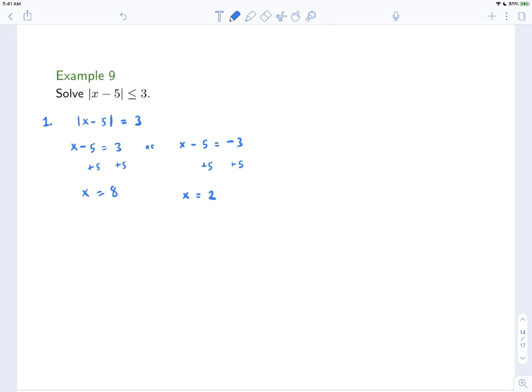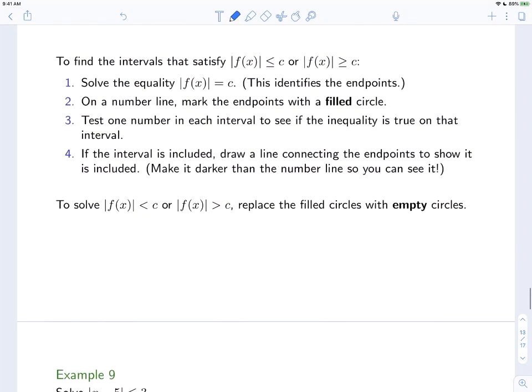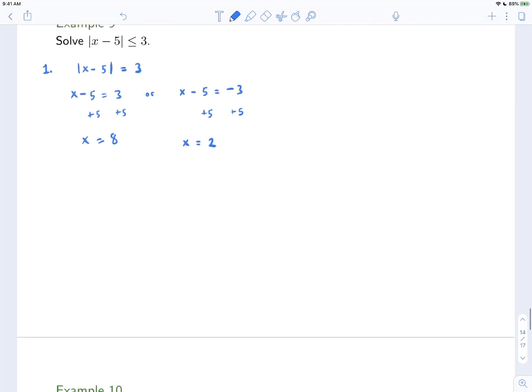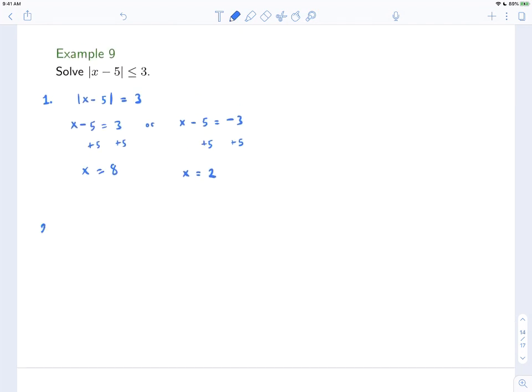So this is step 2: on a number line, mark the endpoints. We draw a number line like so, and just put the endpoints. One of them is 2, and the other is 8. What you can see is that this divides our number line into 3 intervals.